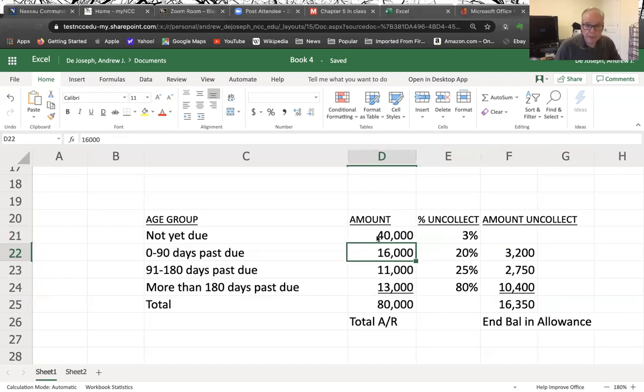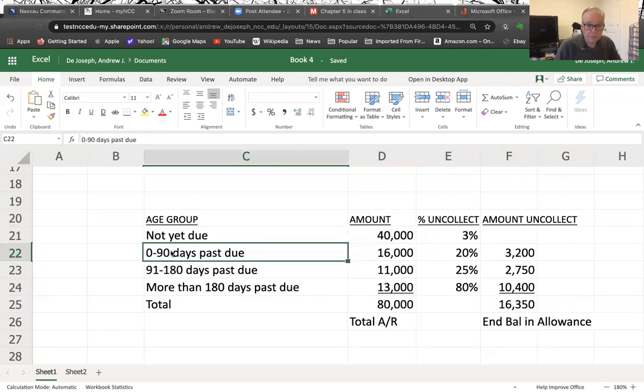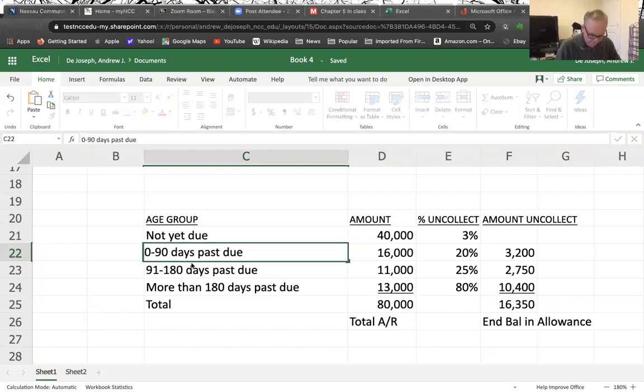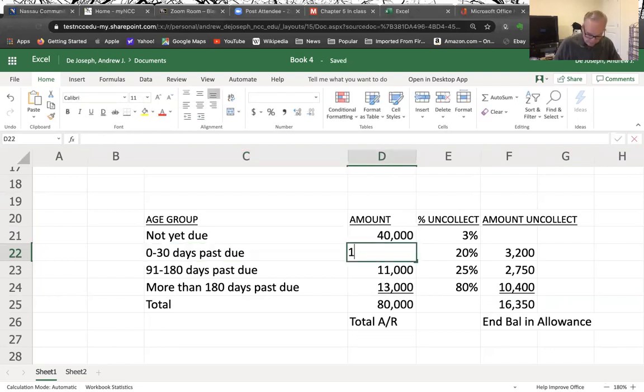Zero to 30 days past due. 0 to 30 days, not 90. Is 11,000. And the percentage is 4%.